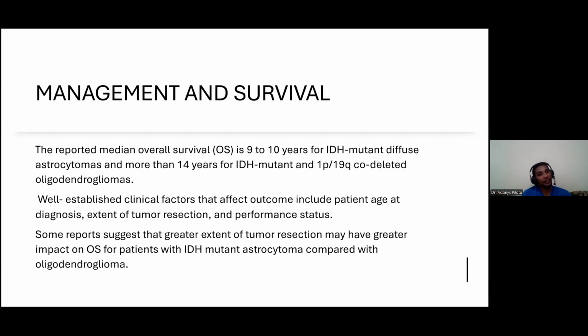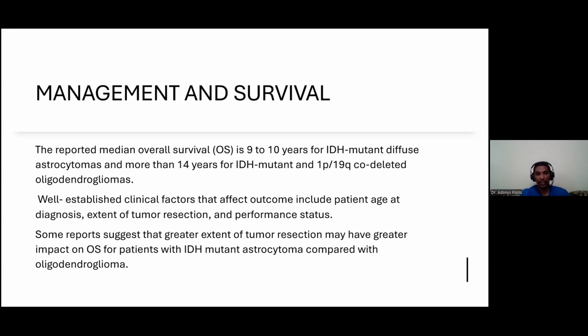Management and survival. The median overall survival is 9 to 10 years for IDH-mutant diffuse astrocytoma and more than 40 years in IDH-mutant and 1p/19q co-deleted oligodendroglioma.